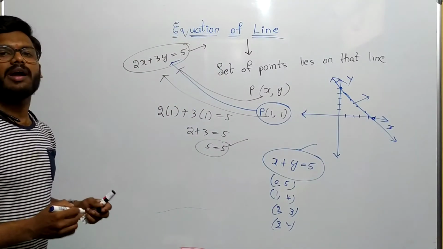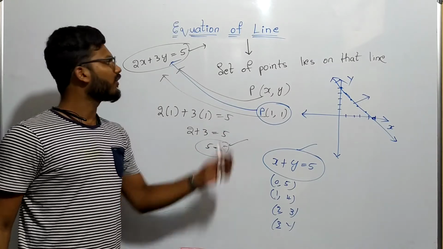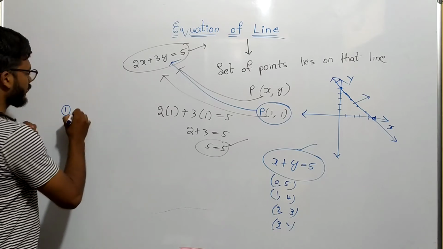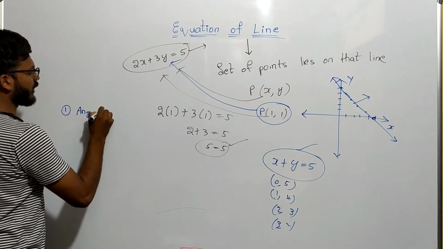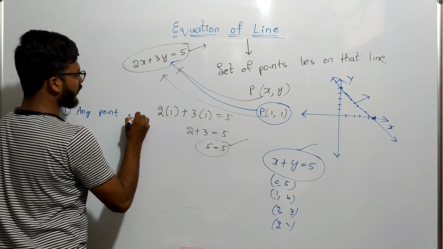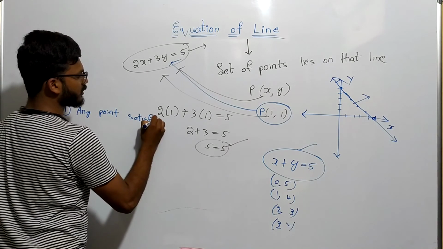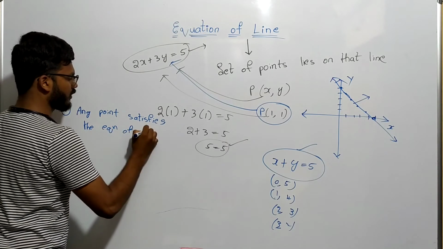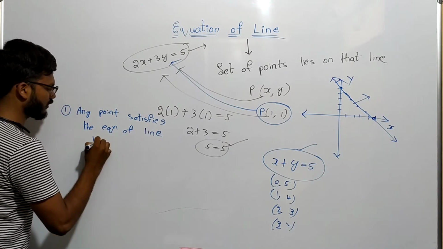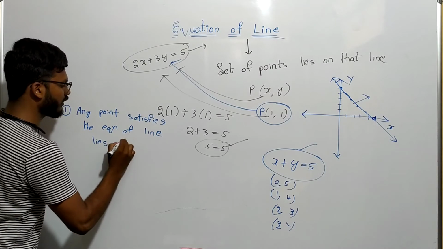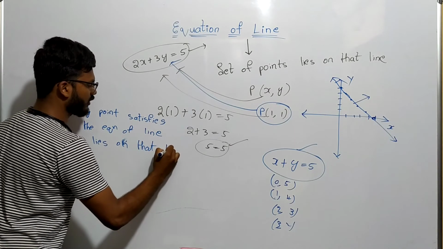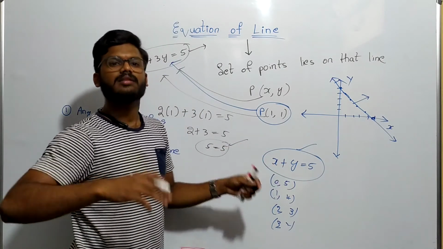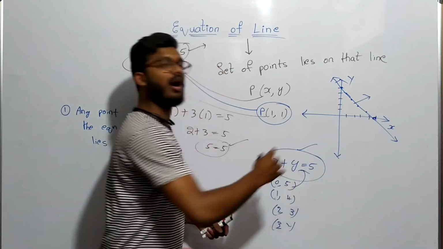So finally we have to conclude two things here from the equation of a line. Any point that satisfies the equation of a line lies on that line. That means if any point satisfies this condition, then you can say it lies on that line.